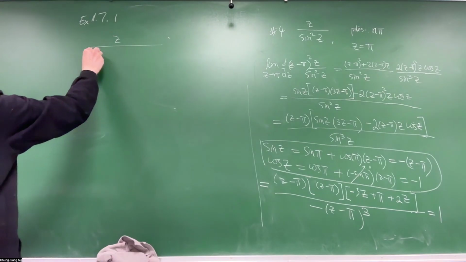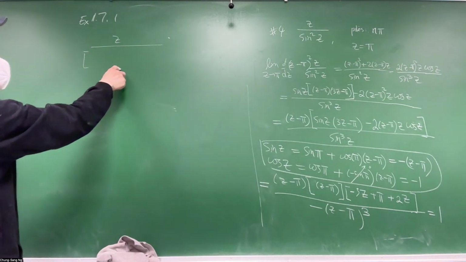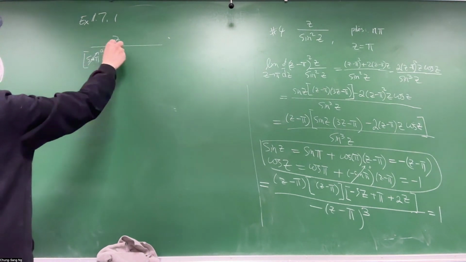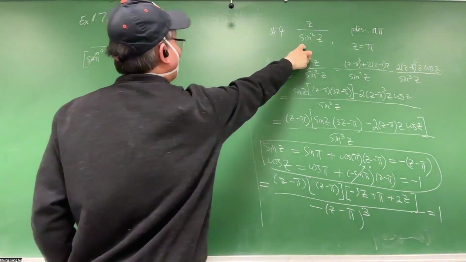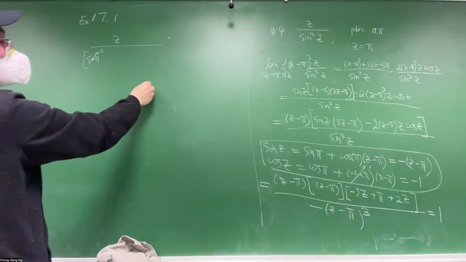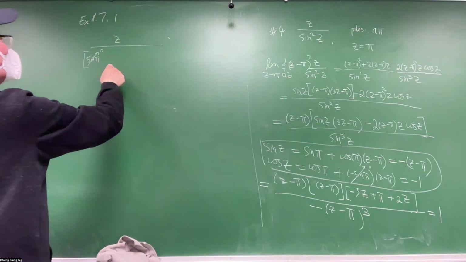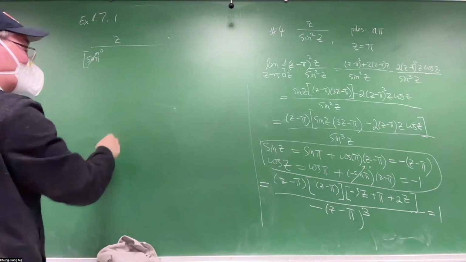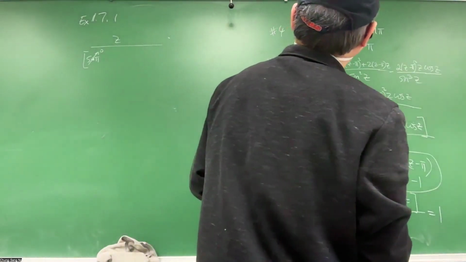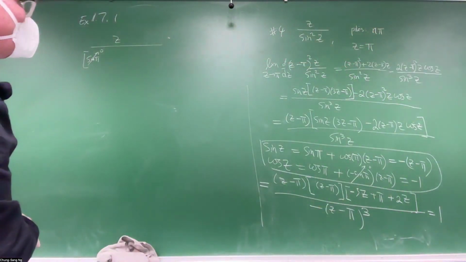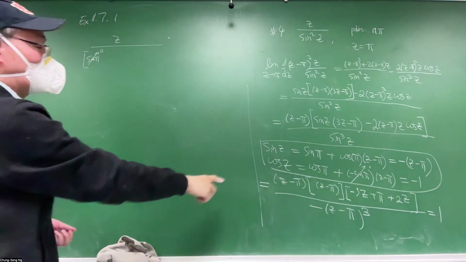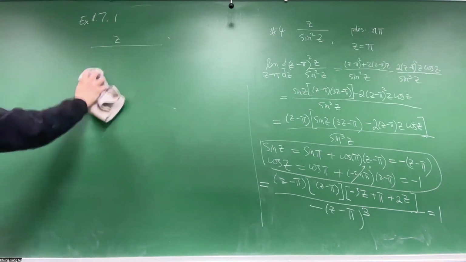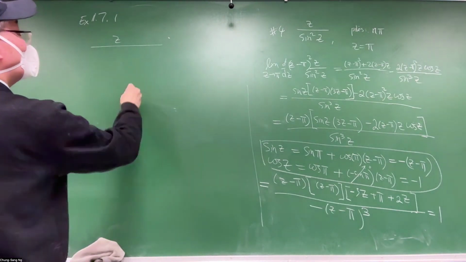So this is the square of sine. Sine pi is 0. This is the Taylor expansion of sine z, right? We can actually do the Taylor expansion of sine square z, rather than sine z, and see if that will be better.